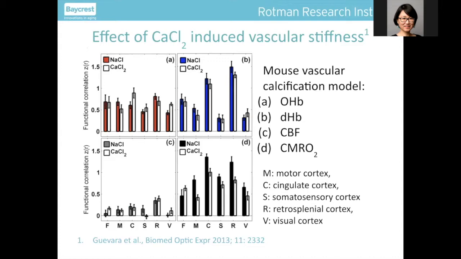In the animal model, we try to tease apart the neural and the vascular aspects, because even though we're measuring working memory, it could be that the vascular changes led to the neuronal changes.